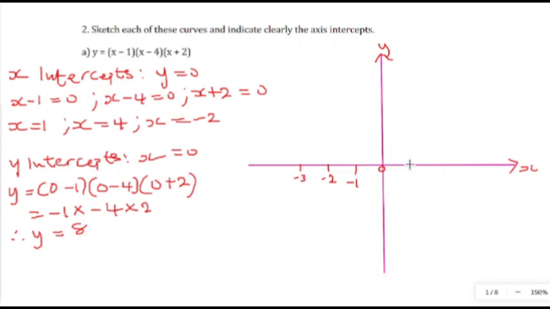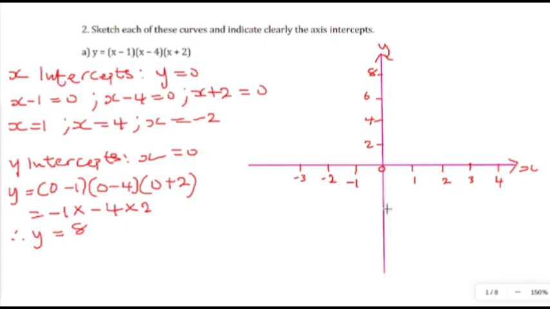Then I have here to be 1, 2, 3, and 4. Y is at 8, so we could use a scaling of 2, 4, 6, and 8.